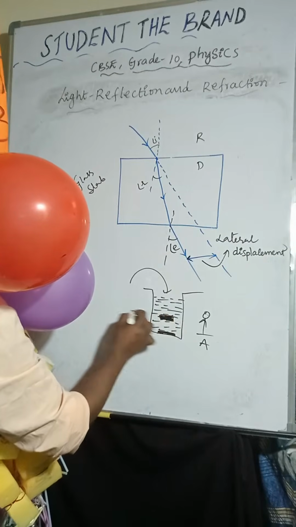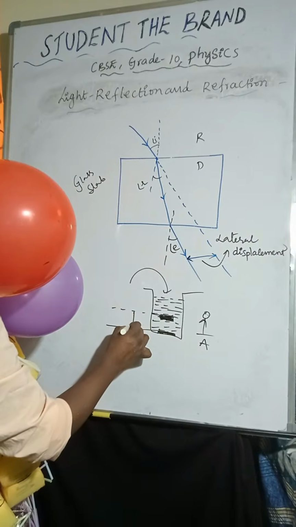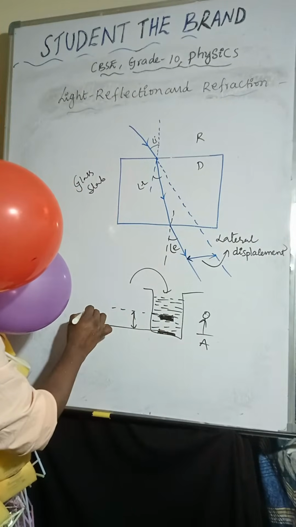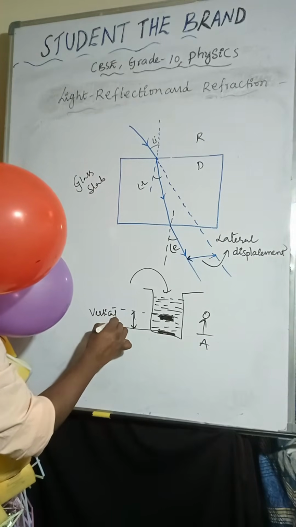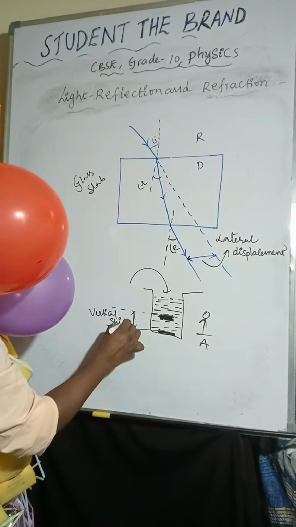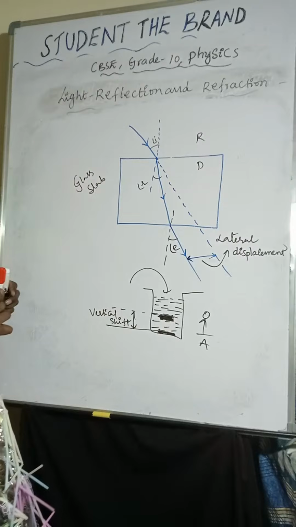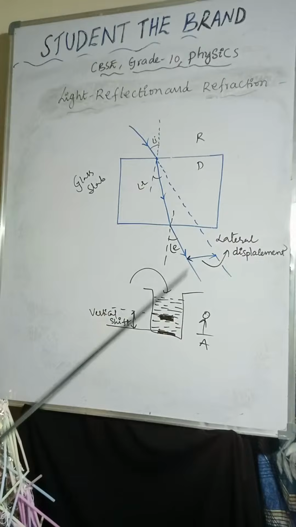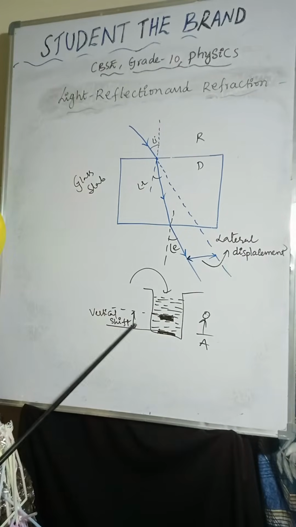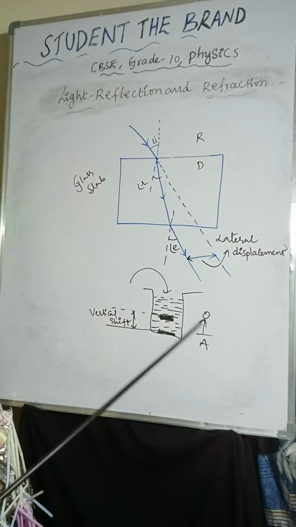Okay, these are the dotted lines and these are actual lines. This is called vertical shift, or vertical displacement. So what is vertical shift? Take an empty beaker and place the coin at the bottom of the beaker. The person is standing here.